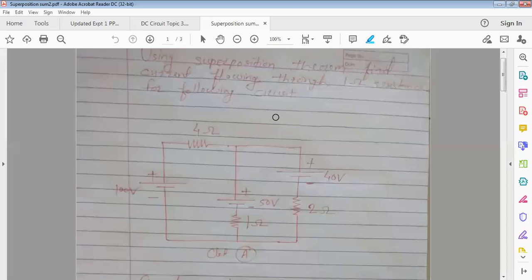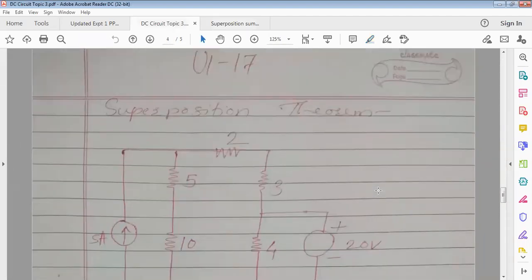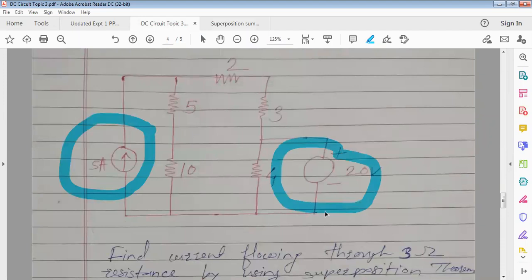If 2 sources are there, like the previous sum we have seen, how many sources did it have? 2 sources. So you can apply superposition theorem. Both can be voltage sources, both can be current sources, or 1 voltage source and 1 current source, any combination. Minimum 2 sources must be there.